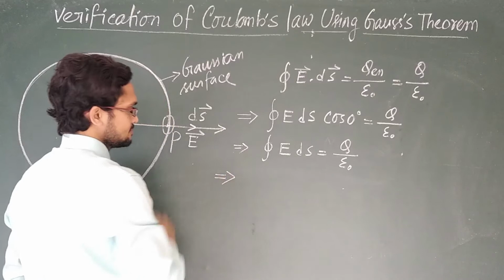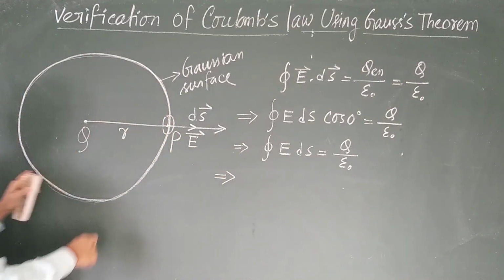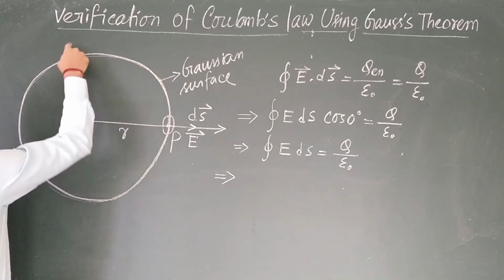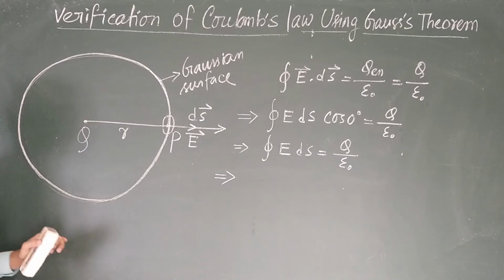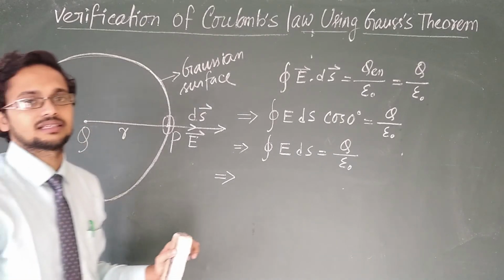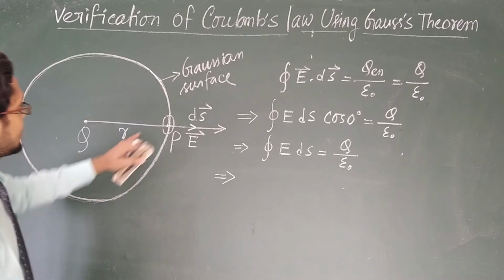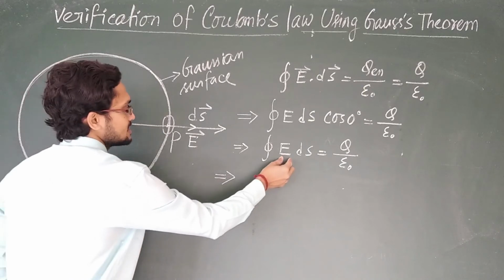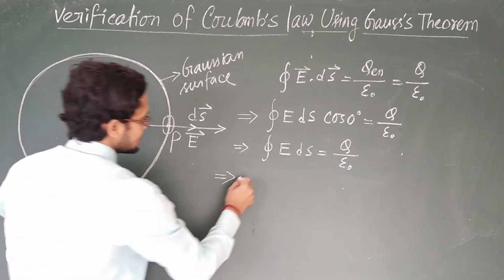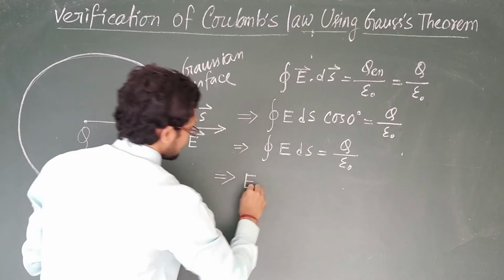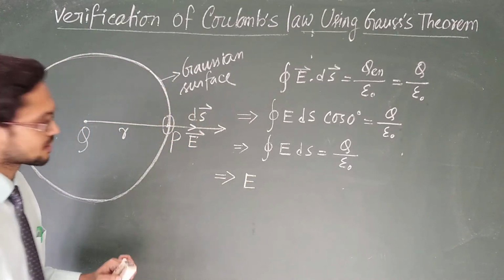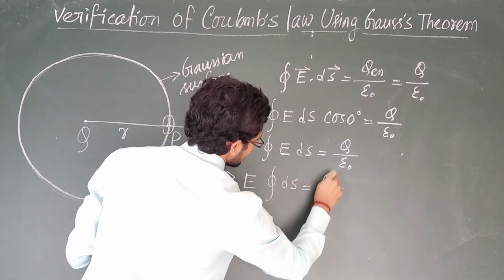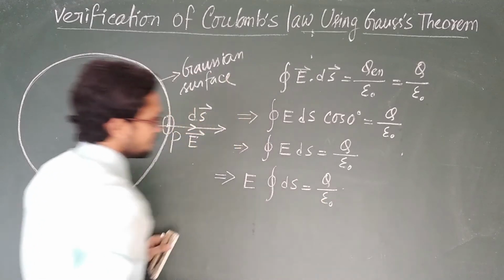Look here: every point on the Gaussian surface is exactly at the same distance from this charge, which means the electric field intensity at each point on the Gaussian surface will be the same. So E is constant, and we can take this constant term outside of the integration sign. E closed integral ds equals q by epsilon 0.